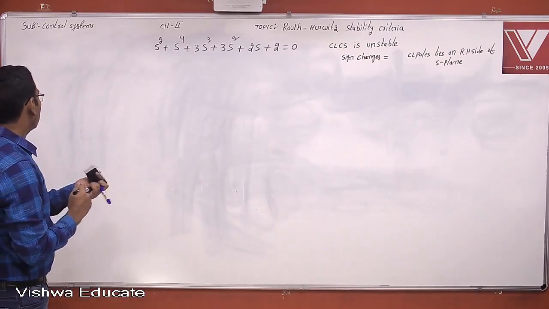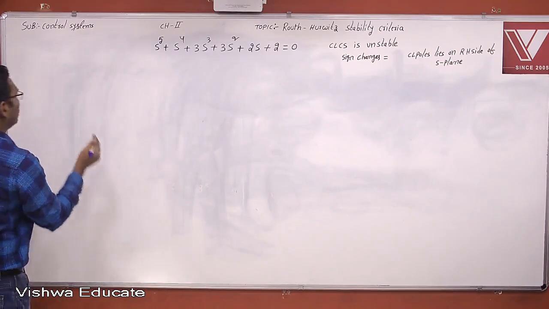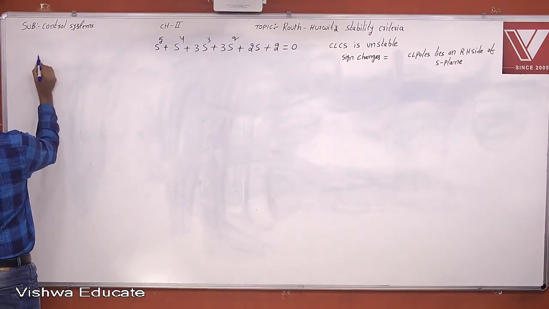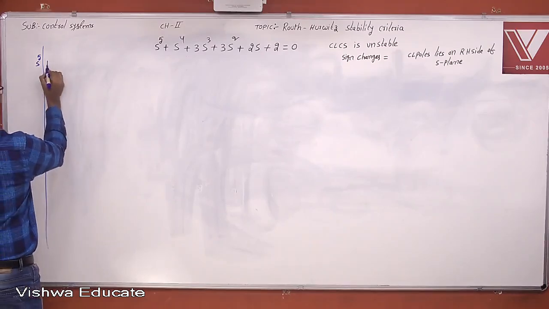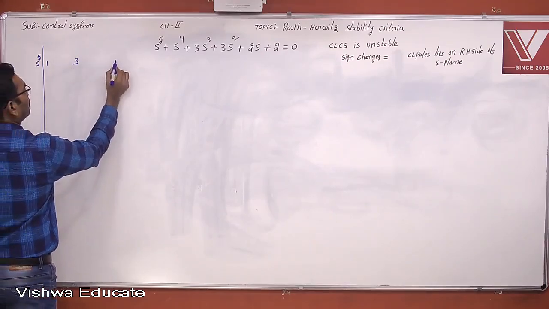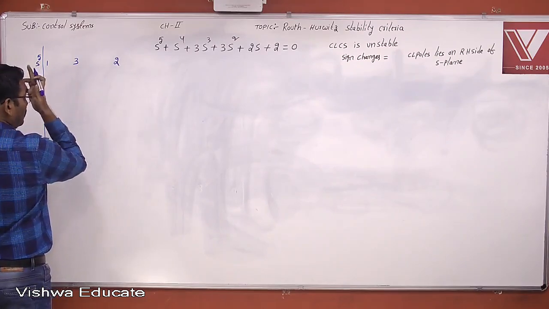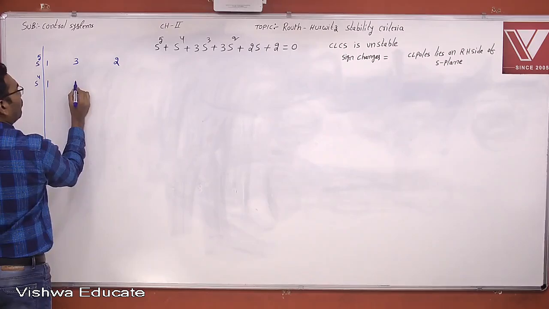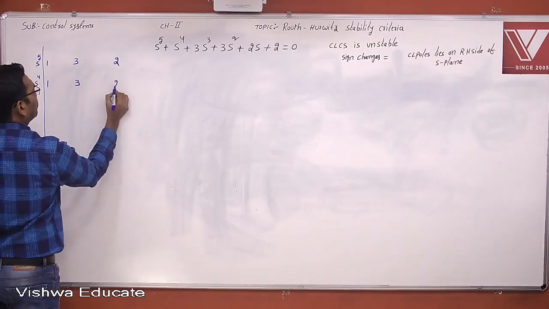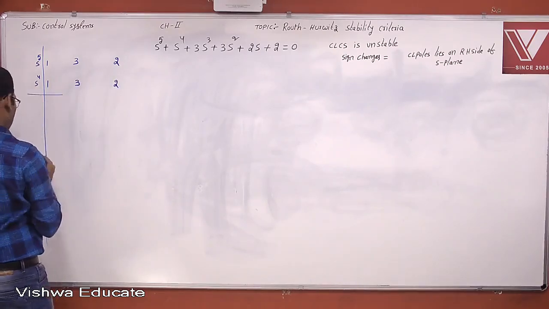Now you see here, this is s power 5, odd power. Write all the odd power quotients: 1, 3, 2. Now s power 4, even power. Write all the even power quotients: 1, 3, 2.